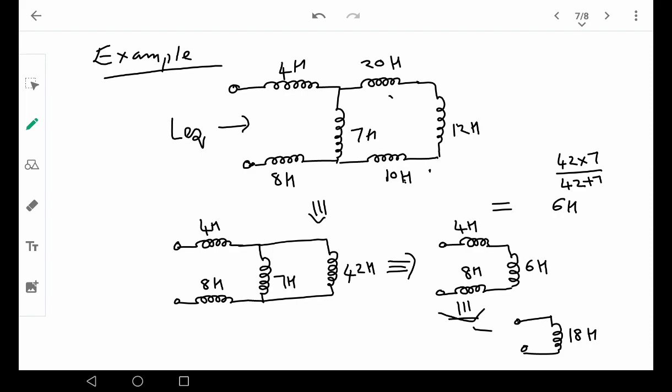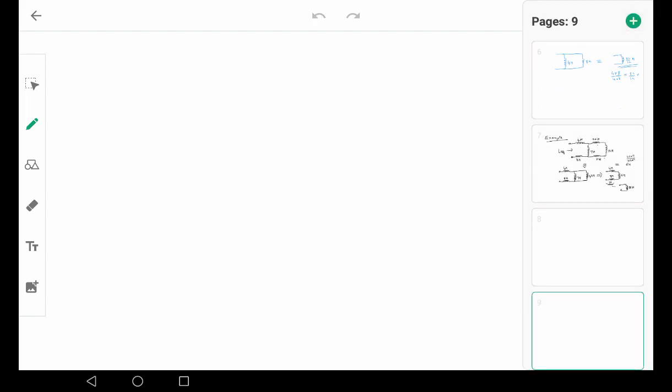Okay. Now, if you want, you can do one more problem. Another example. Okay. Here it's a bigger one. You can do 20 millihenry, right? 100 millihenry.